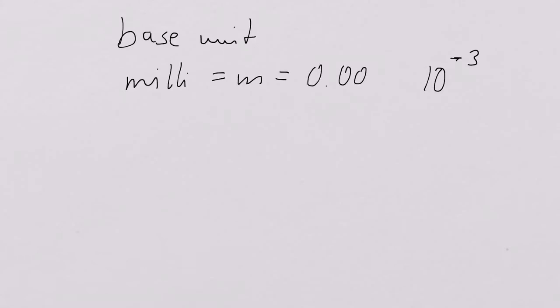What's the next down, from gram into milli? In terms of zeros, it is 10 to the minus 3, and that would be 0.001.